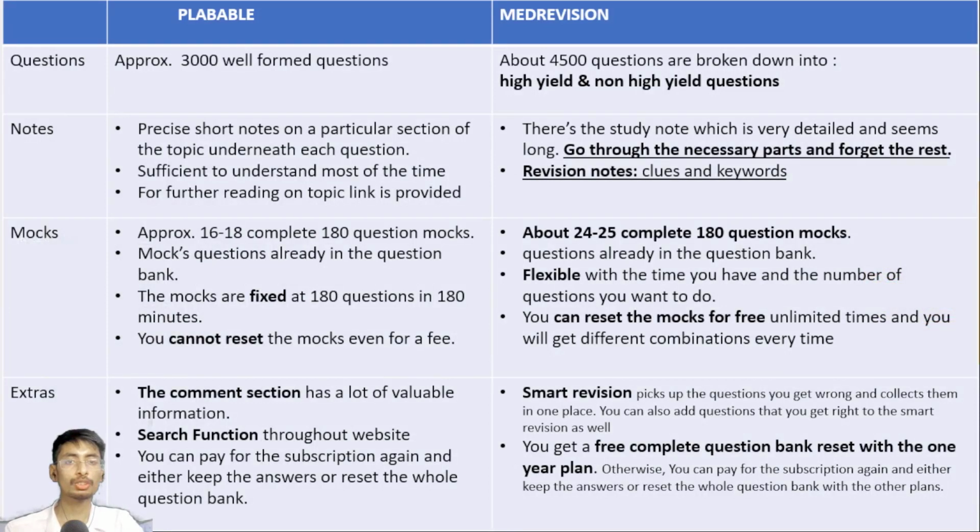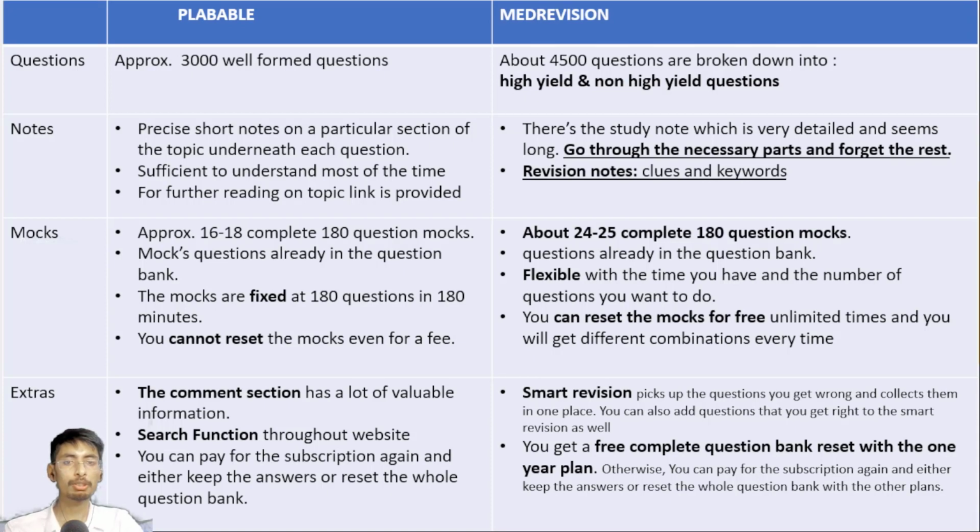So now I'm going to compare the two leading question banks out there in the market, Plabable and Medrevision. A lot of doctors have confusion regarding what to choose and what not to choose, so I'll try to simplify it. In Plabable you have approximately 3000 questions, and in Medrevision approximately 4500 questions.